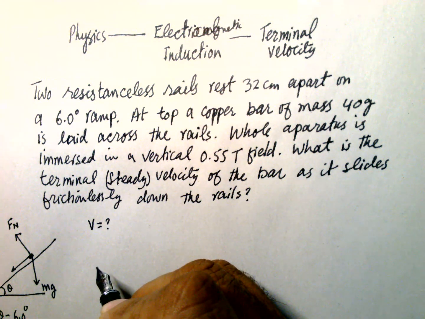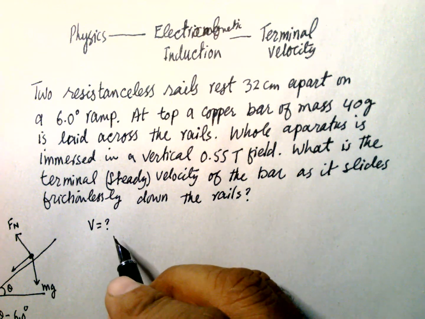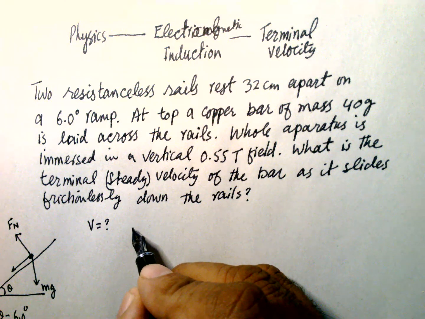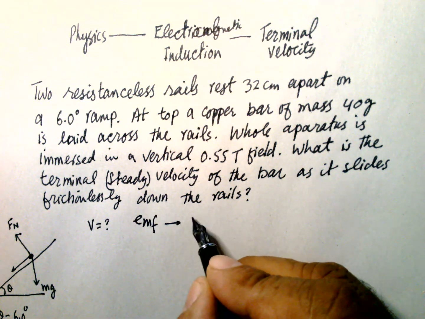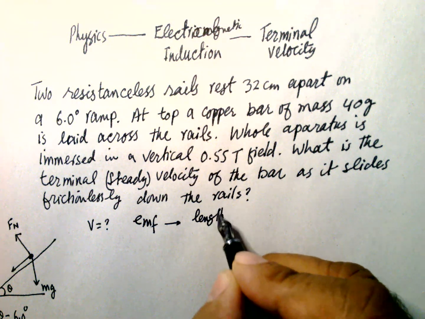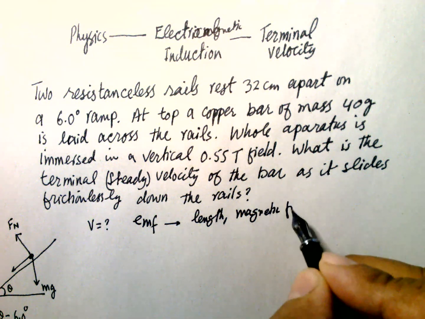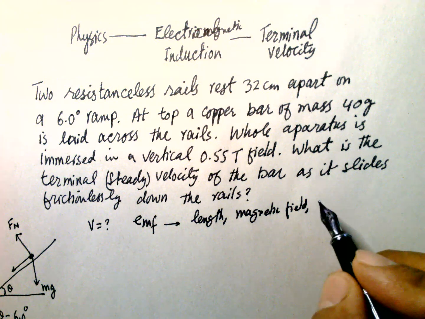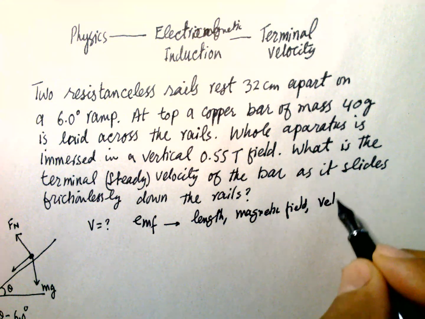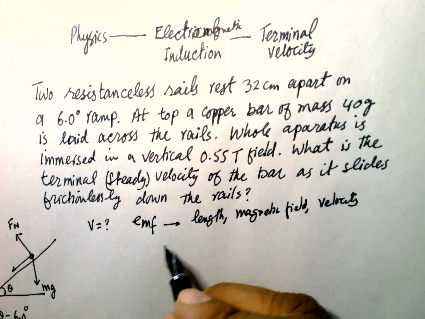The magnetic field, when the bar is moving, will produce EMF. The EMF is the combination of length, magnetic field, and velocity, which will be mutually perpendicular.